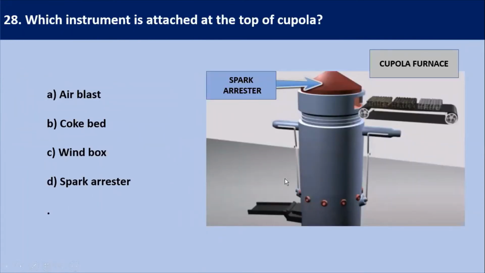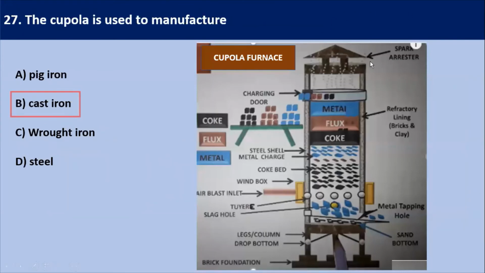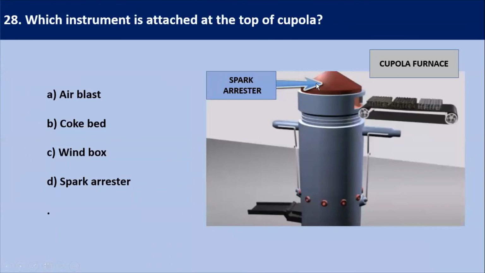Next, which instrument is attached at the top of the cupola? We see in this diagram that this is the topmost portion. Here I'm showing some other diagram of the cupola furnace, and at the top we can see the spark arrestor.